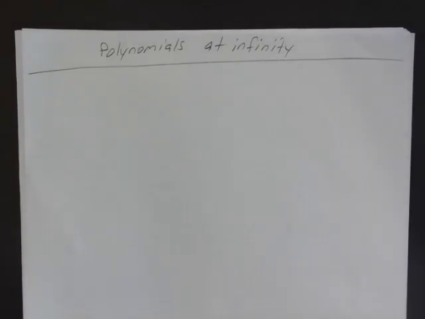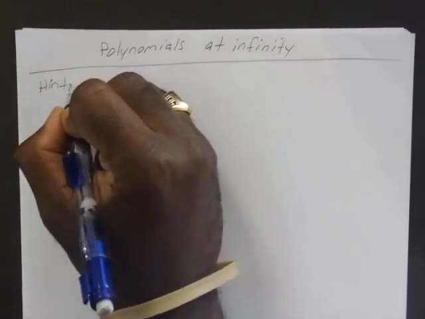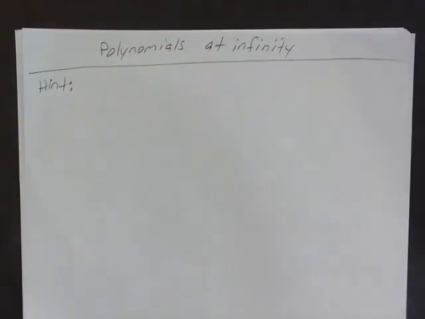Now, with polynomials at infinity, you're just going to focus on the leading term, just like you did back in intermediate algebra or pre-calc. When the leading coefficient is negative, it's concave down, or you know that the endpoints are both pointing down. When it's positive, you know they're both pointing up.